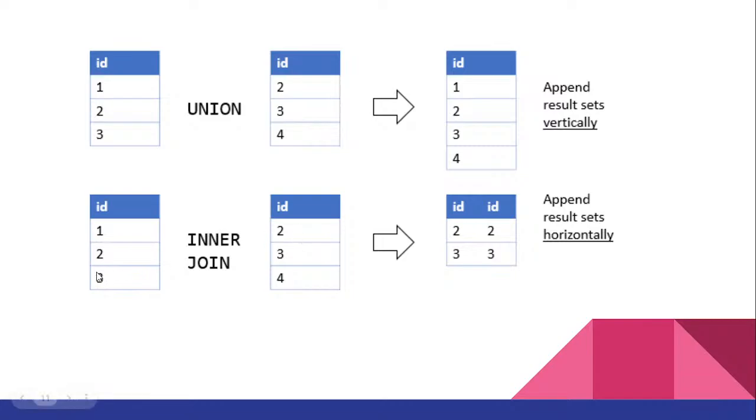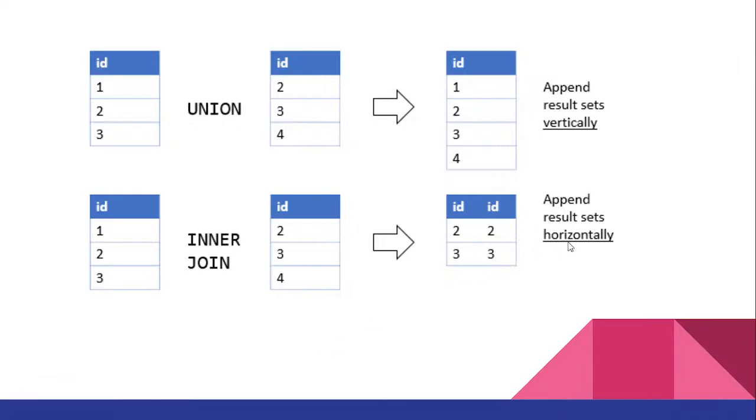So 2 and 3 match the condition here, and they are included with the rows joined. In full outer, we wanted all of the left out values as well, regardless of whether they could find a condition and they could join or not. So 1 and 4 would also be included.